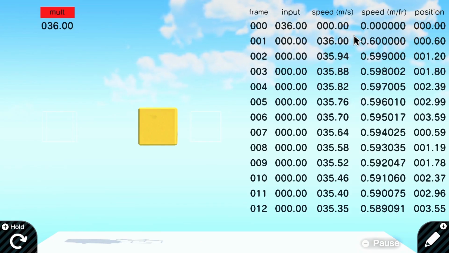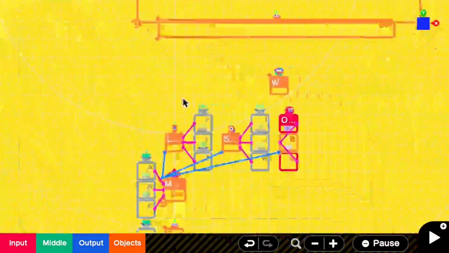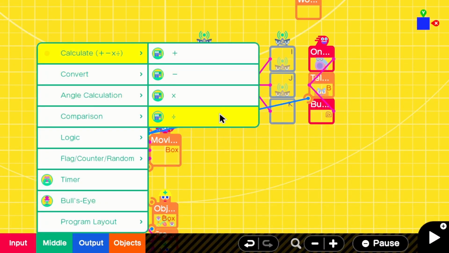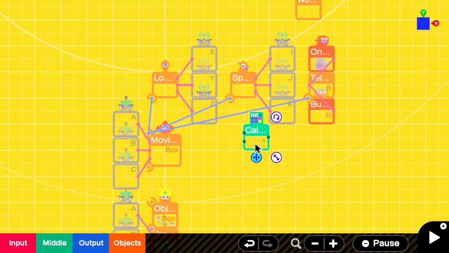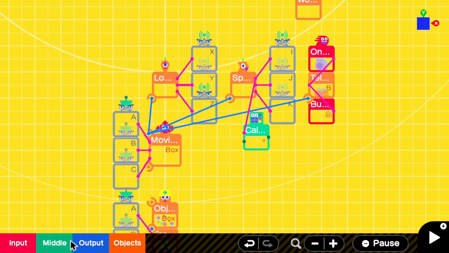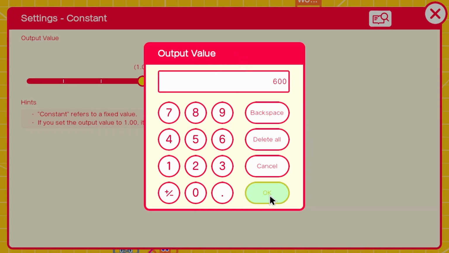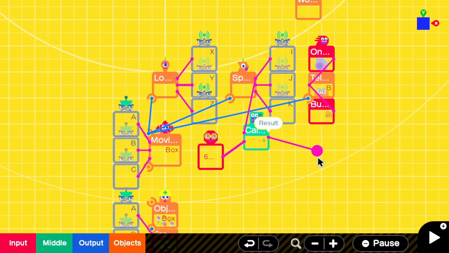Let me just show that briefly here. As I said earlier, we lose 1/600th of the speed. This is the speed sensor connected to the box, so just divide that by 600. Whatever comes out here is the amount of speed the object is going to lose in the next frame, given the current speed.